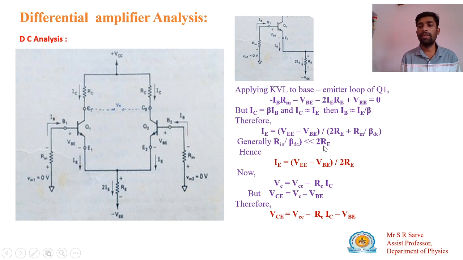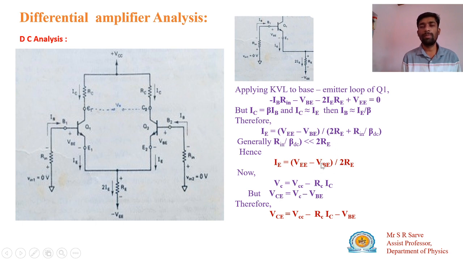But this emitter resistance is very large as compared to the ratio of input resistance and beta. So we neglect this term and we can write this equation as the current across the emitter is equal to VEE minus VBE divided by twice RE.